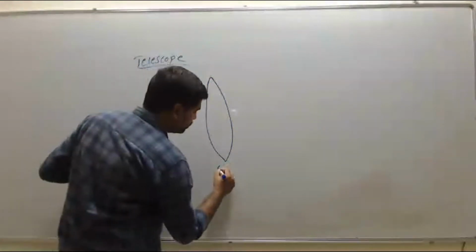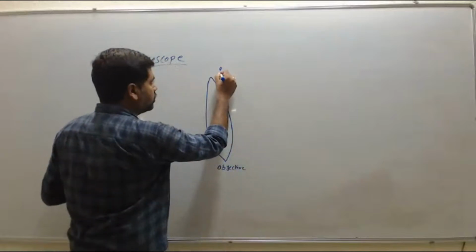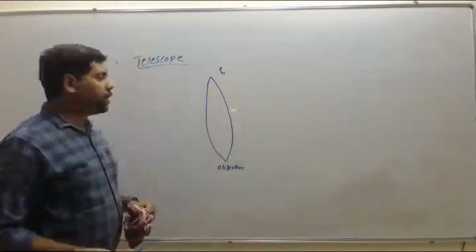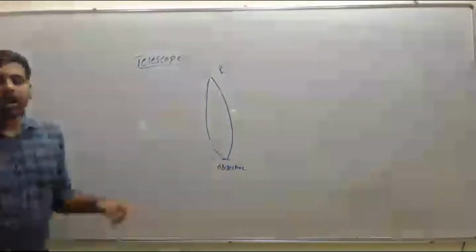So this one is the objective, and its aperture is greater compared to that of the eyepiece.